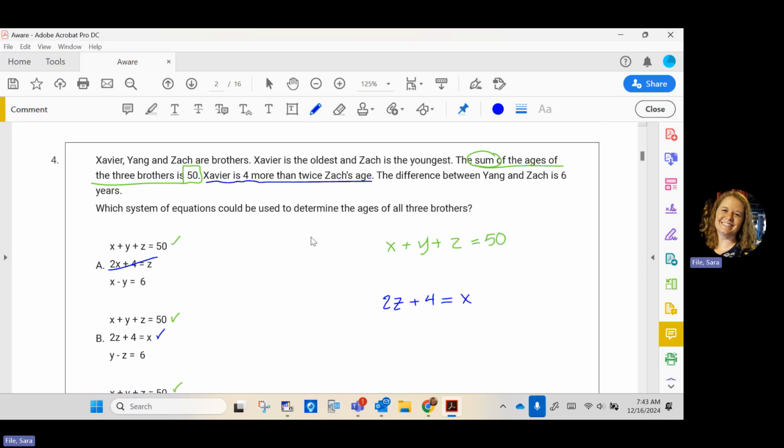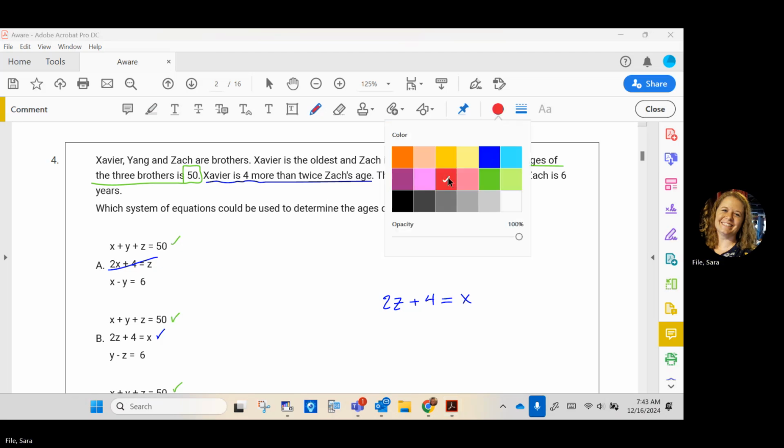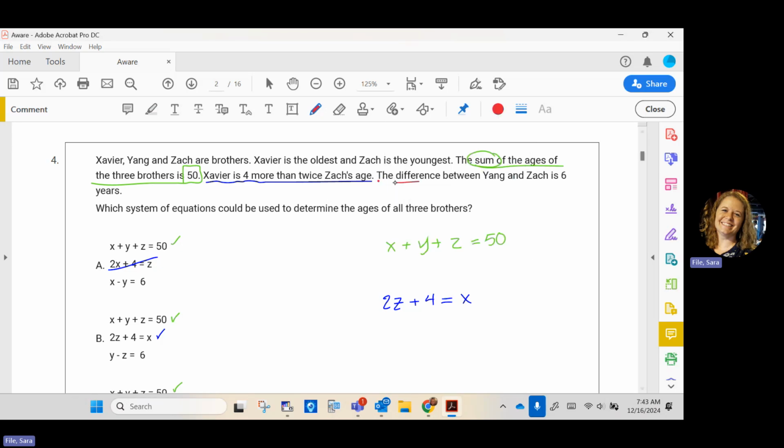So then the last piece of information is that the difference between Yang and Zach is 6 years. Okay, and they tell us right here, Zach is the youngest. So Zach would be the one I'm subtracting. When I find the difference, difference means to subtract.